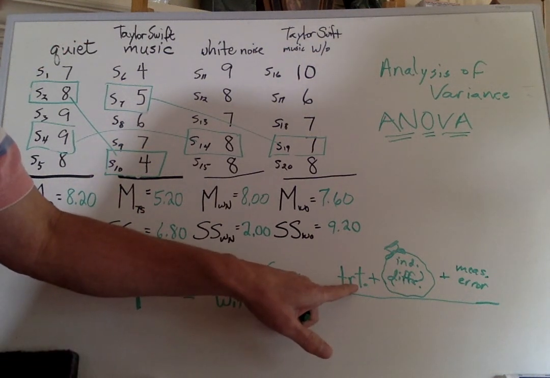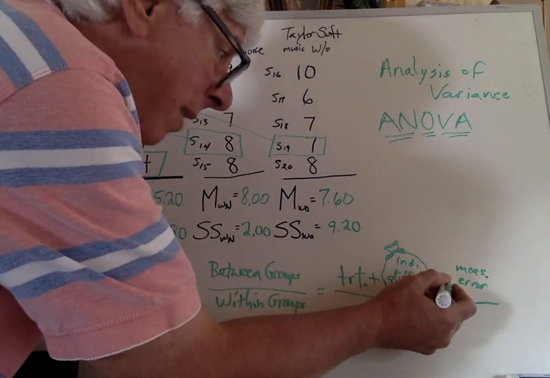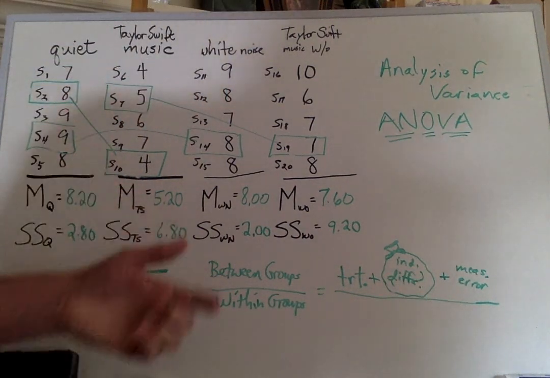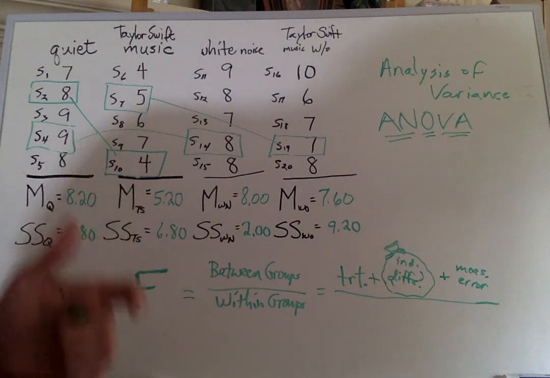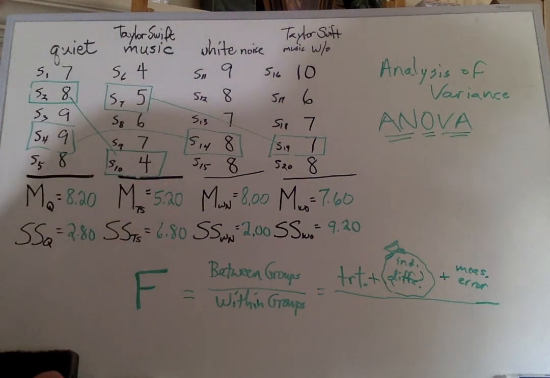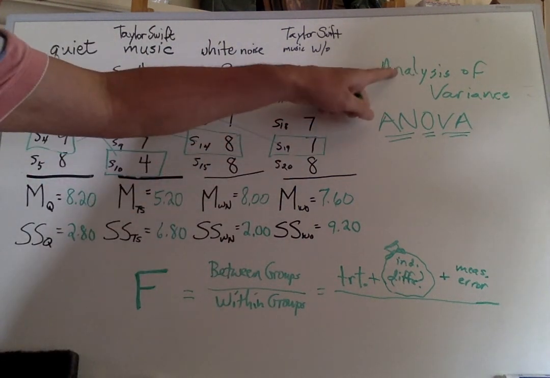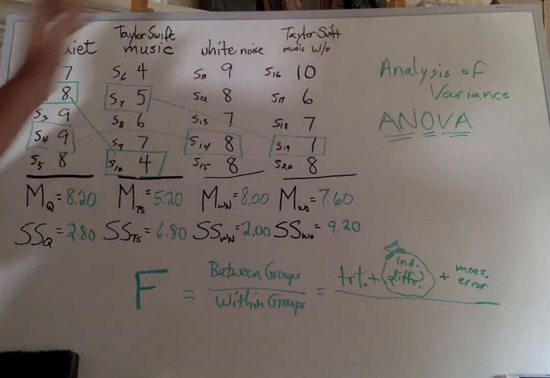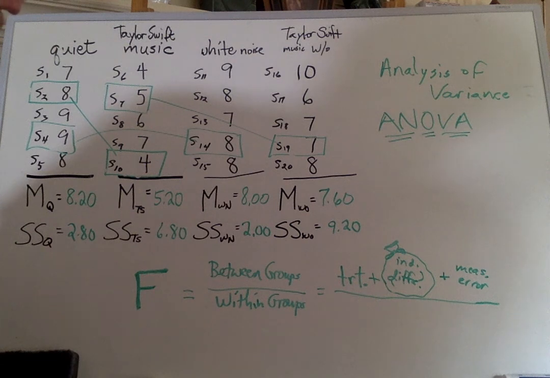We can't tell if it's the treatment or individual differences or measurement error or some combination of the three. So therein lies the problem. But let's see if we can't figure this out. We're going to analyze the variance, analysis of the variance in these numbers. Okay? So let's see if we can figure this out.